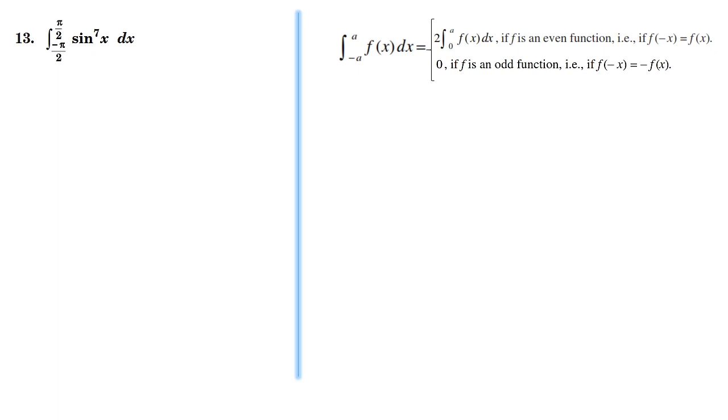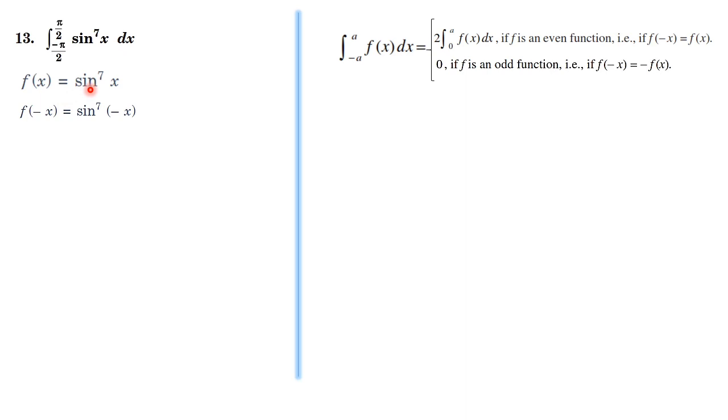So first of all we have to check whether sine power 7 x is an odd or even function. For that, let's take f of x is equal to sine power 7 x. For checking whether it is an odd or even function, we have to first calculate f of minus x. If f of minus x comes as f of x, then it is an even function. If f of minus x comes as minus f of x, then it is an odd function. So here let's calculate f of minus x.